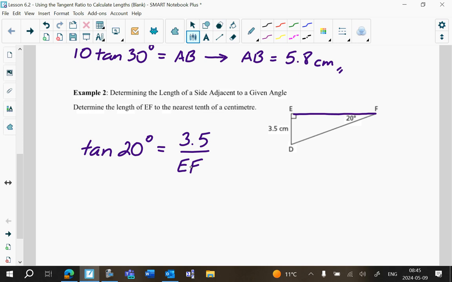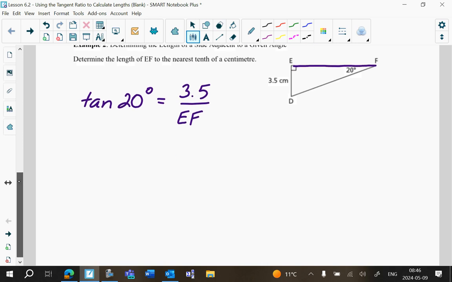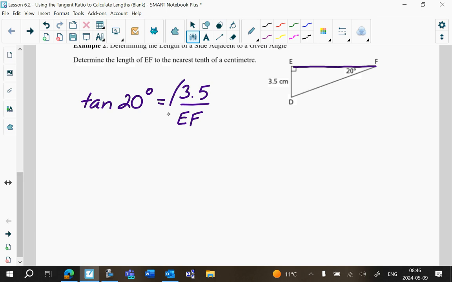And now it's a matter of solving that equation. This one I have to do a couple of steps. First of all, I want to get rid of the fraction. What must I multiply this by to get rid of the fraction? EF. Which means I have to multiply this side by EF.